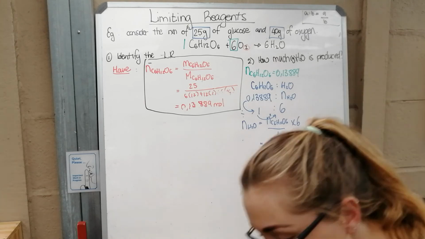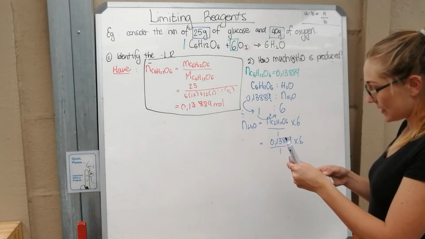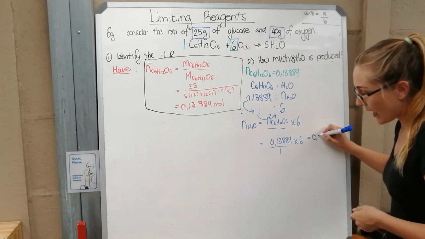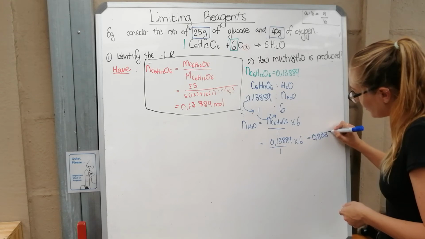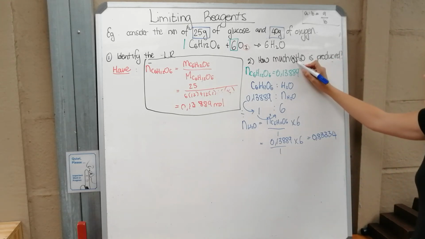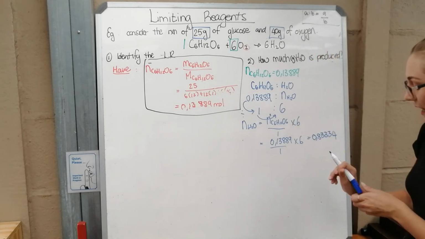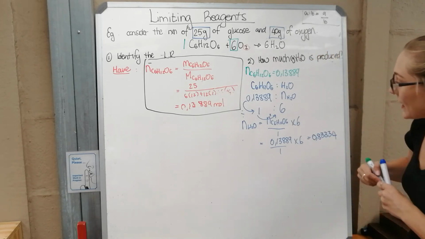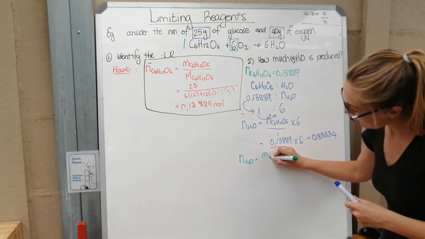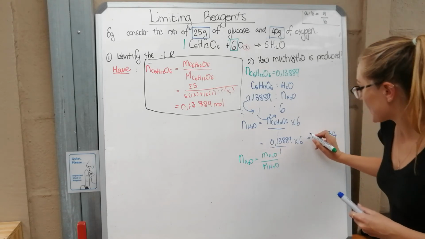And where is my calculator? There we go, sorry. So it's 0.13889 times 6, and we get 0.8334. And now we check back to the question, what did they want? They didn't want moles, sorry, they wanted mass. So we take this and convert the moles into mass. The number of moles of H2O is the mass of H2O over the molar mass of H2O, and we substitute in.